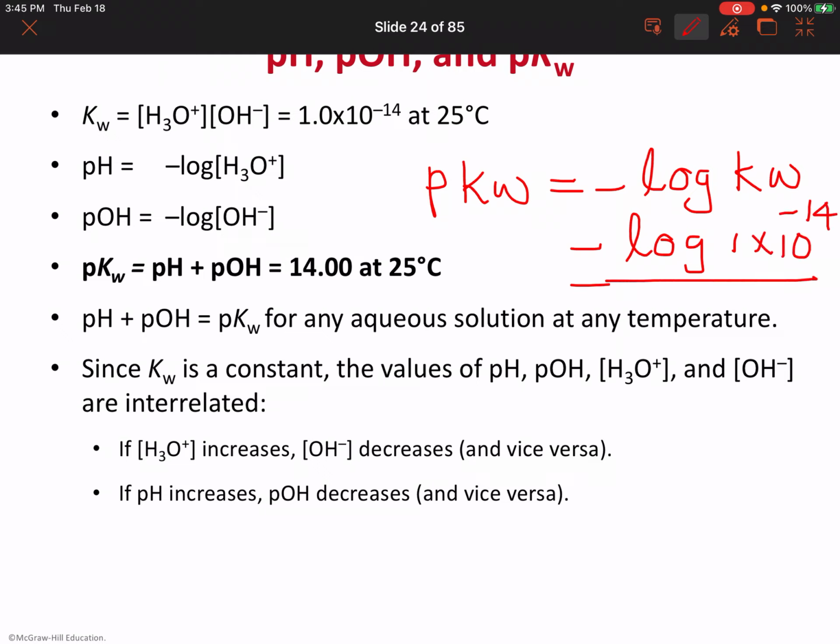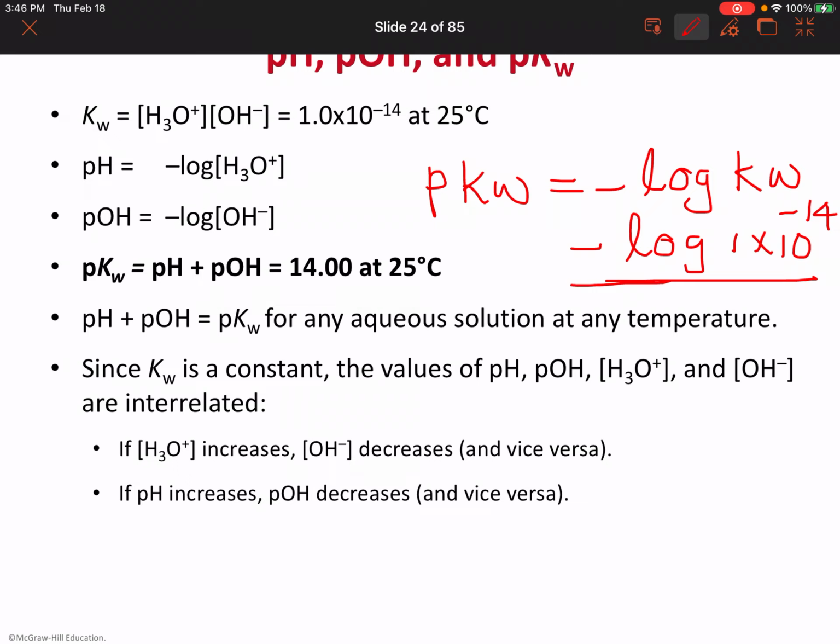So you can put this into your calculator and see what you get. Okay, do it with me right now. I'm also doing it. I know it is 14, but giving you some time to do that. Go ahead and put your number into your calculator and find out what is the negative log of 1 into 10 to the negative 14.